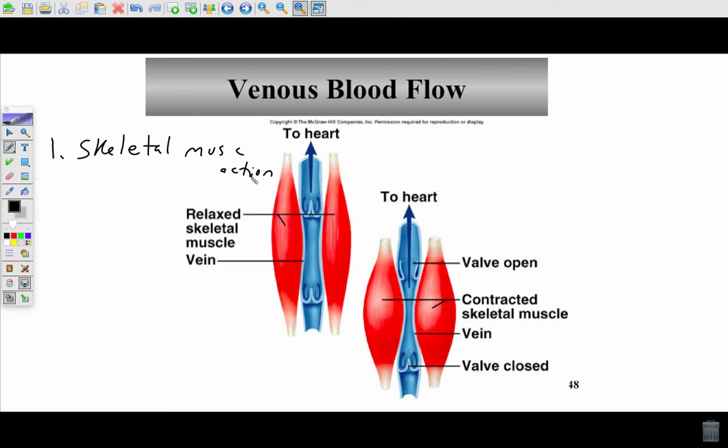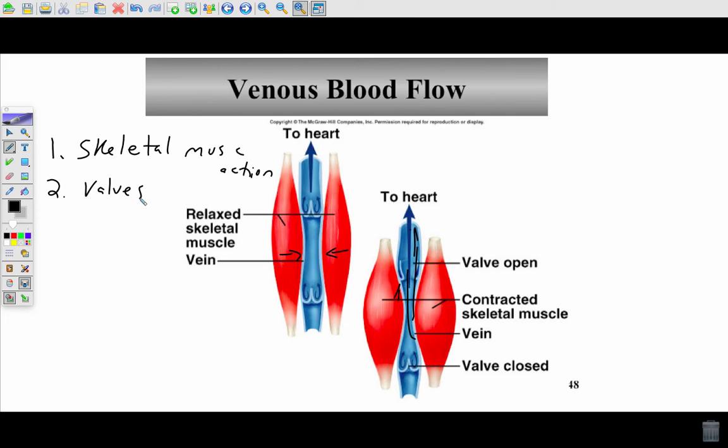When the skeletal muscles contract, they squeeze the veins, and that forces the blood up towards the heart.